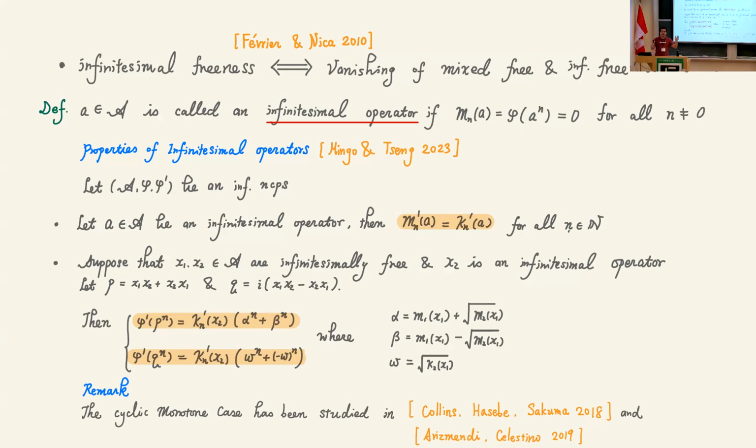First, we have vanishing of mixed cumulants, so s1 can only connect to s1 and s2 only to s2, so we separate these two groups. Second, s2 can only be chosen as the block that carries the prime, since we assume that s2 is an infinitesimal operator. Based on this observation, we can compute precisely the phi prime of the commutator and of the anti-commutator, which gives us the precise formula for the infinitesimal law of the commutator and anti-commutator.